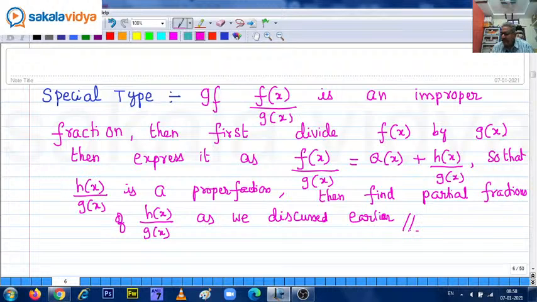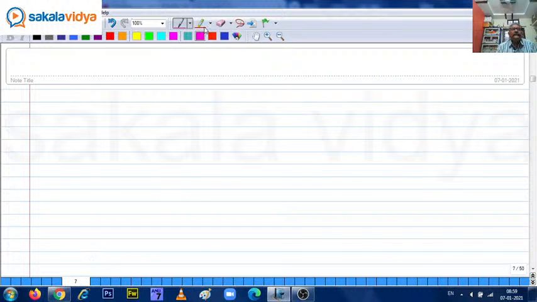So this is the process we need to follow. Special type: whenever f of x by g of x is an improper fraction, directly we cannot find the partial fractions. First we need to make it a proper fraction, then we find the partial fractions of the proper fraction itself. I will explain that question once again whenever the same type of problem comes; we will solve it later. First, one example, let us discuss now.